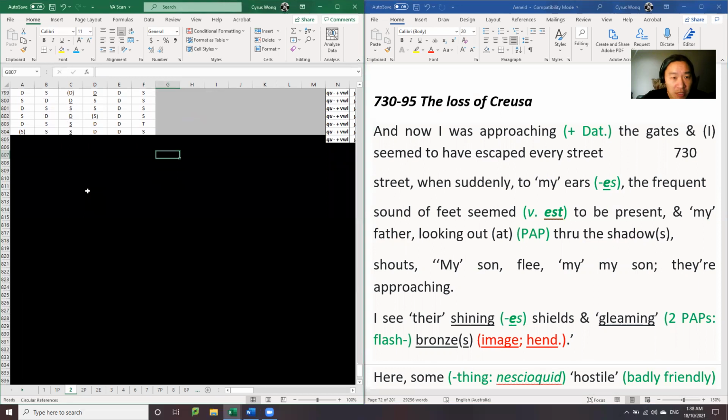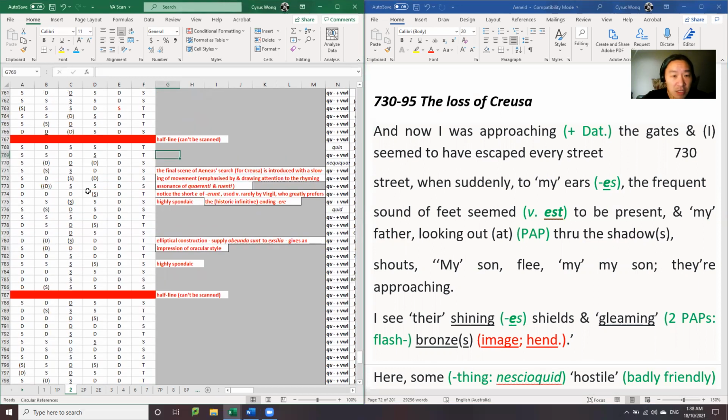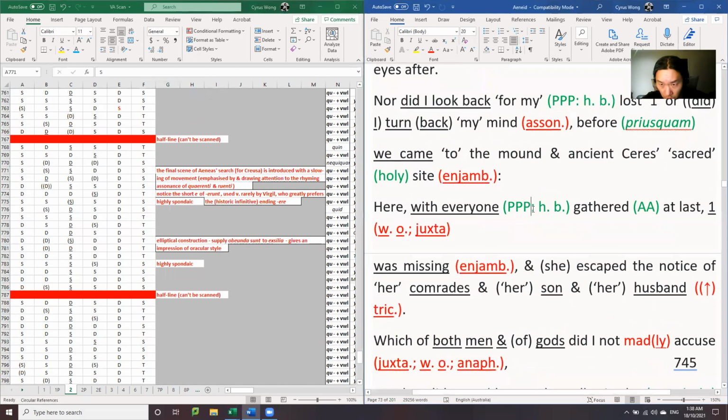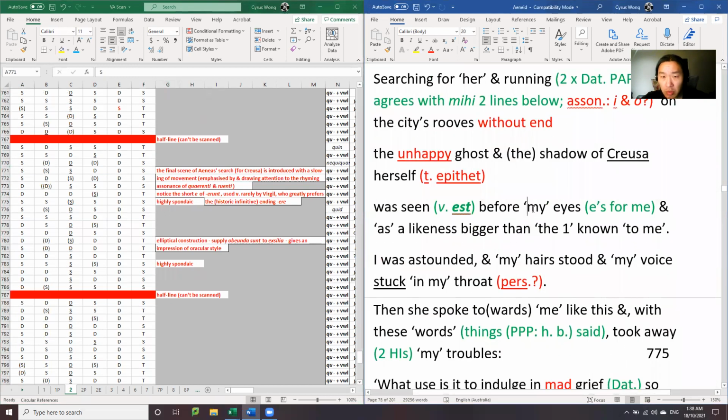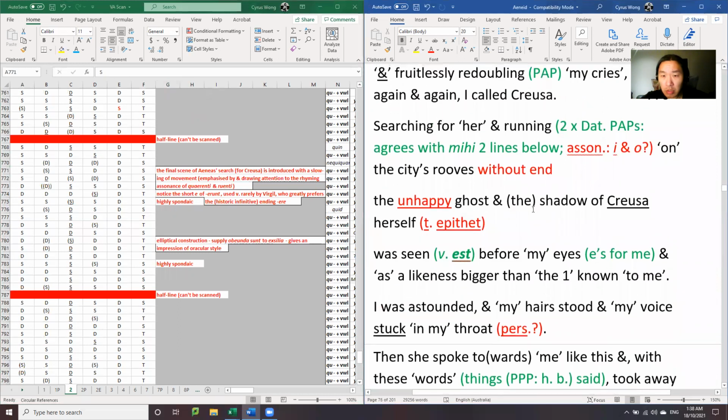Not too many more, I think. Just this page here. 771. Okay, so this is introducing the final scene of Aeneas's search, when he realizes that she is dead because he sees her ghost.